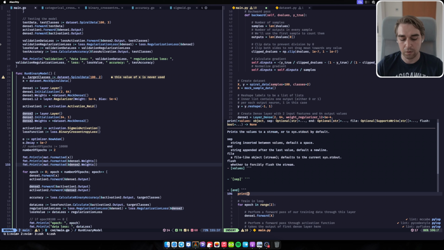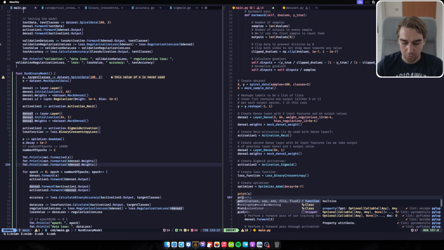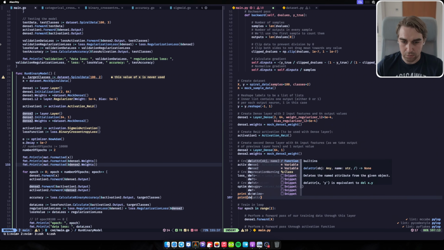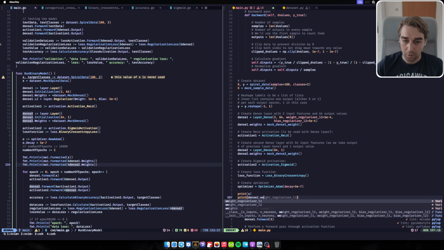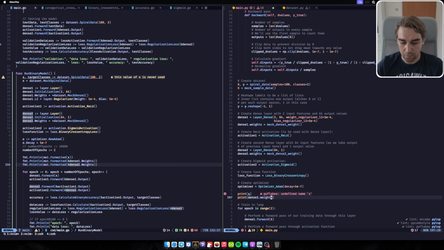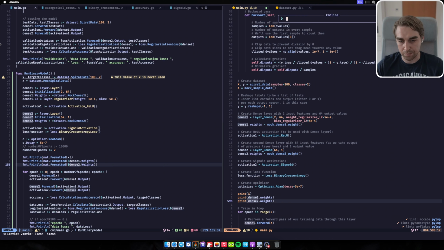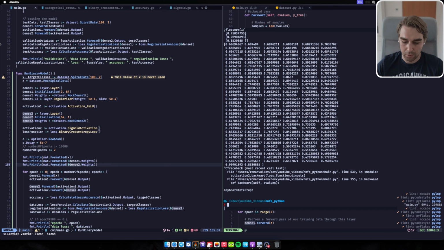We're printing X, then weights, and we have the second one. Okay. Fingers crossed. Clear. Clear. And python main.py.